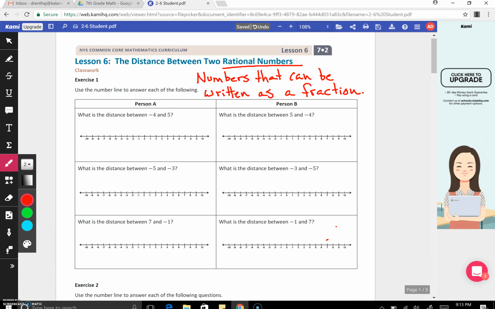So take about 30 seconds and think about numbers that you could write as fractions, and we're going to make a list of some rational numbers so we know what we're talking about here.